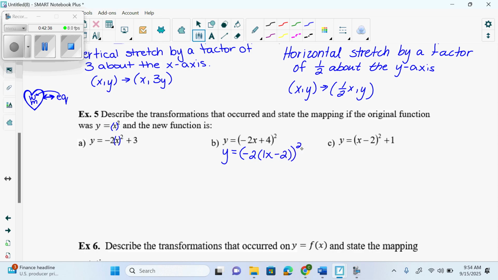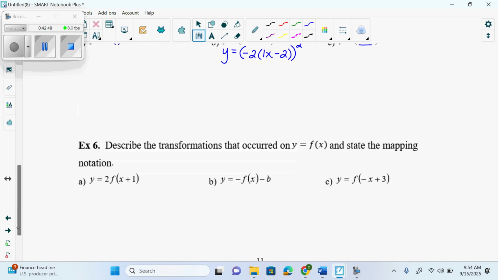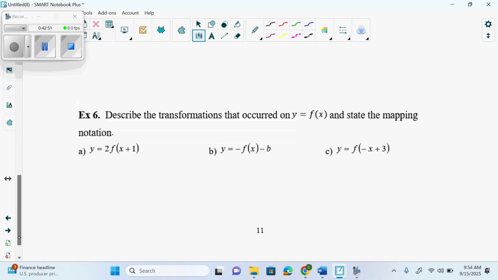Now I can do my transformations. Yeah? And then this one just affects my x, and that's a vertical. So you have to do transformations and mapping for that, and then transformations and mapping for this one. Watch this one. It's a -1 in front. That's a hint to you. Yeah? So I want transformations and mapping for 5 and 6.